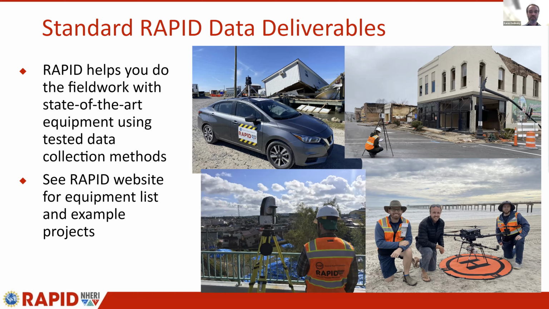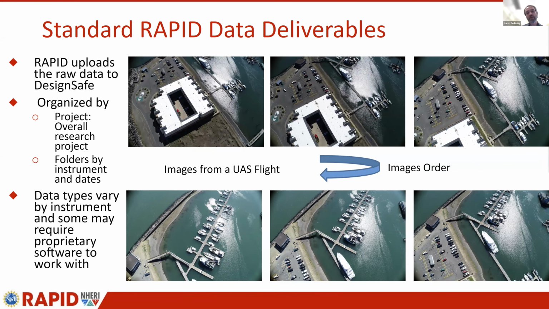You can see our website, for example, instrumentation and projects, and here are some of our folks in the field with LiDAR scanners and drones and Street View, collecting perishable data from natural hazard impacts for infrastructure systems.